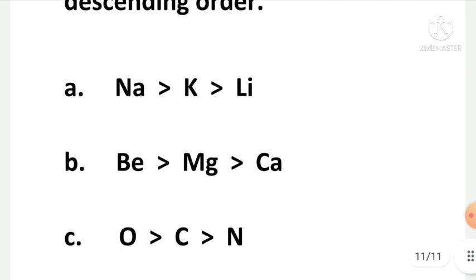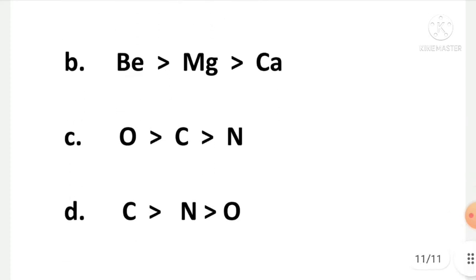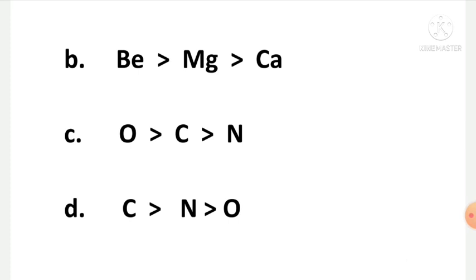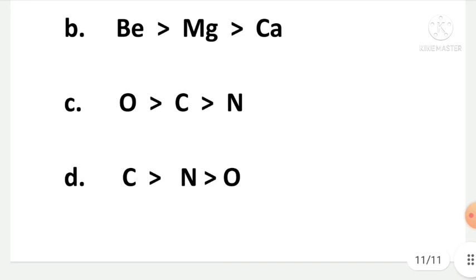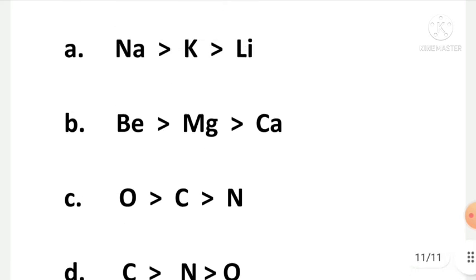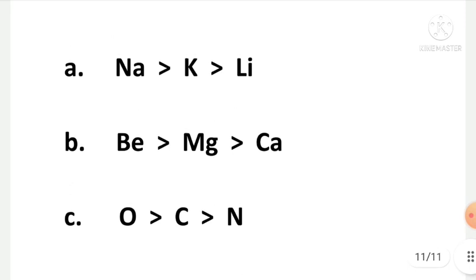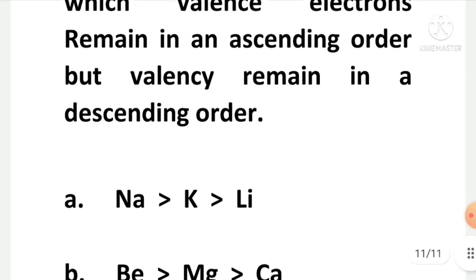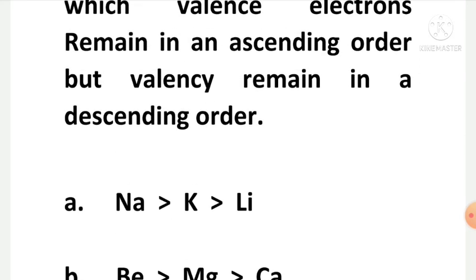B. Beryllium greater than magnesium and magnesium greater than calcium. C. Oxygen is greater than carbon and carbon is greater than nitrogen. D. Carbon is greater than nitrogen and nitrogen is greater than oxygen. So here among the given options one is correct. So you have to observe with respect to valence electron and valency, which are respectively arranged in ascending and descending order.